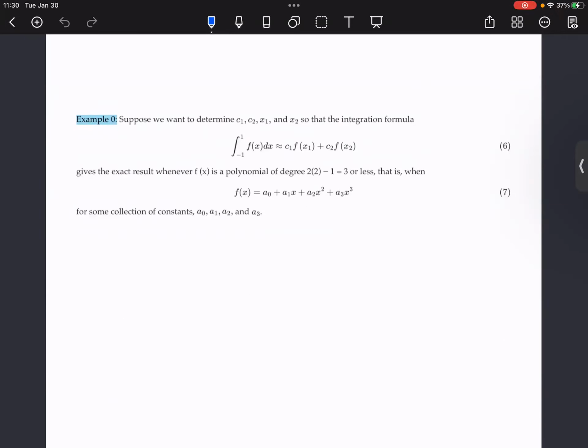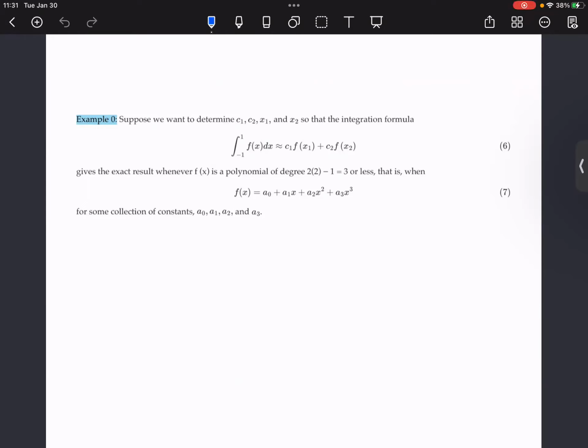We want the highest degree of precision with two nodes, and from the theorem, we know the highest degree of precision we can get is 2 times 2 minus 1, which is 3. That means if f(x) is a polynomial with degree 3 or less, then it is A0 plus A1 x plus A2 x squared plus A3 x cubed.